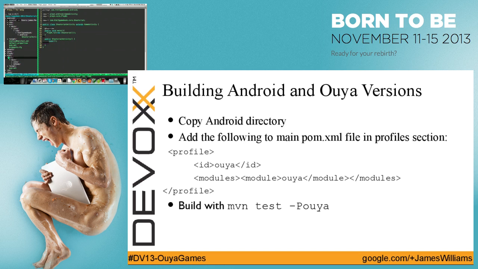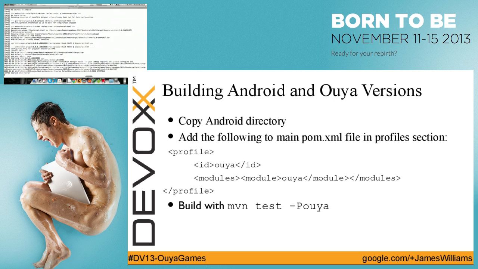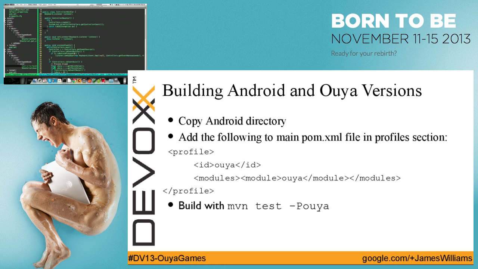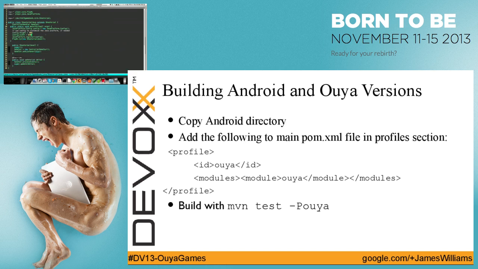For the HTML version, that's here. This was automatically generated by the tooling. And for the Java version, this is a totally new class because I wanted to do controller input, and because of that, I had to tweak this class a little bit. I added the controller handler here.